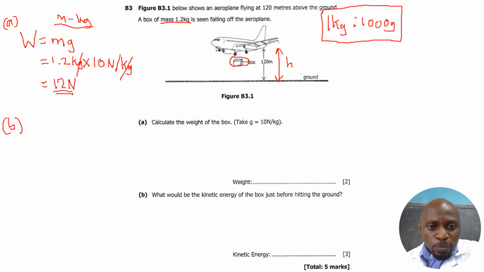What will be the kinetic energy of the box just before it hits the ground? So we have learned about the principle of conservation of energy. Energy can neither be created nor destroyed, but it can only be transferred from one form to another.